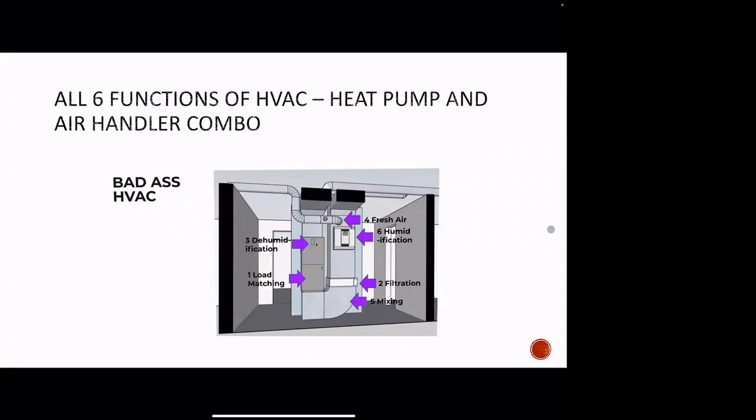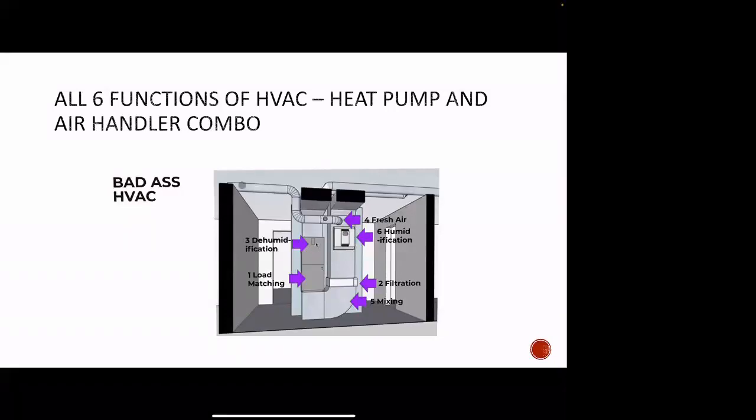So, all 6 functions of HVAC, heat pump, air handler combo. Here's a picture of kind of a design. What we have with all 6 functions here is, number 1, our load matching, proper size equipment. Number 2, we've got our filtration. You can see we've got it in our horizontal position in this scenario. We have our dehumidification with either reheat or a standalone dehumidification or ventilating dehumidification unit.